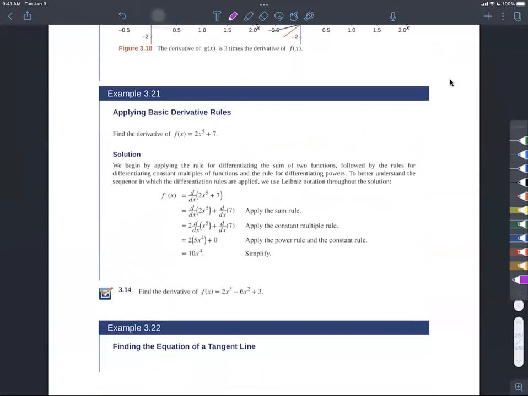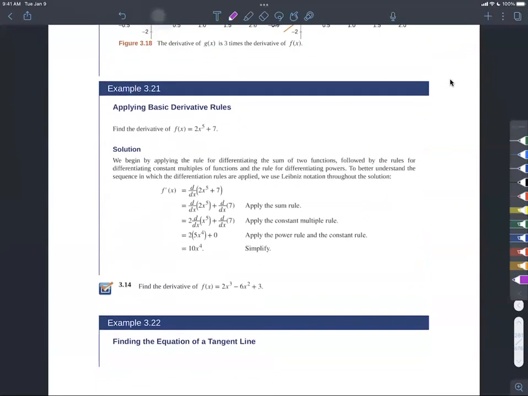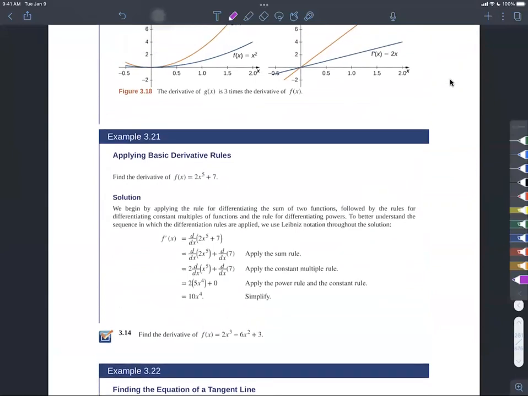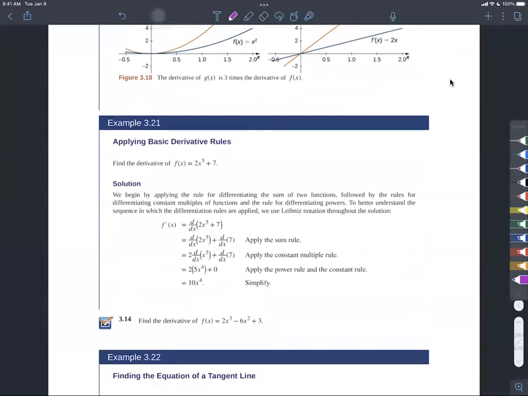Okay. All right, so how do we apply these basic derivative rules? We have a few rules that we've already gone over. If we have a function f of x equals 2x to the 5th plus 7, I'm going to apply the derivative d dx to my function f of x. This is going to give me the derivative function.